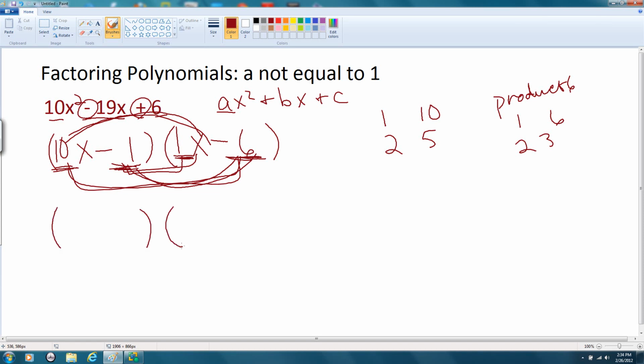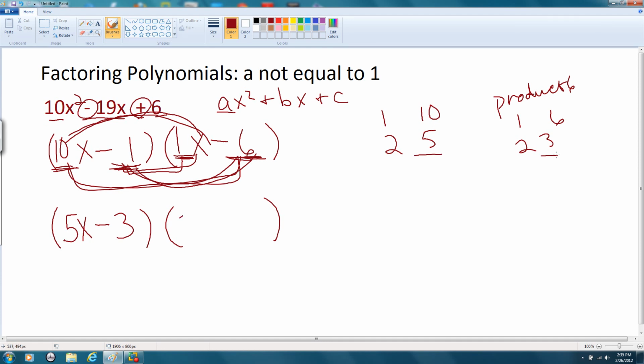So let's try something else. Let's say if we had a 5x here minus 3, so that's a possibility.